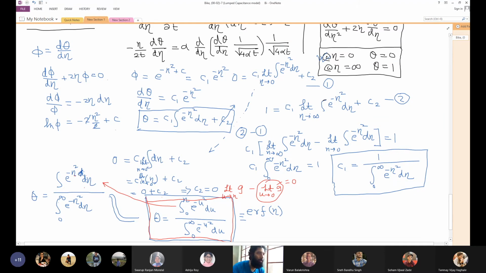There's nothing wrong with calling this the error function, but we just make a little manipulation by writing it in a standard form, and we have designated it as error function of eta. Clear? Now what the error function is I will show you, but are you familiar with the error function? Have you used it before? Yes. So you know the error function, right? So you have used the error function table. So you are familiar with it. It's simple. The theta is just the error function of eta. You see, such an incredibly simple solution.